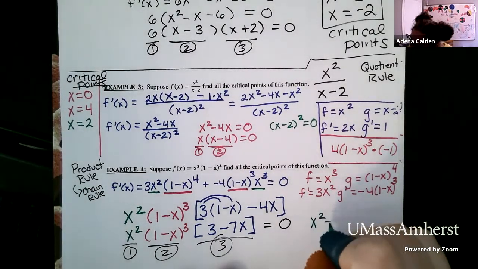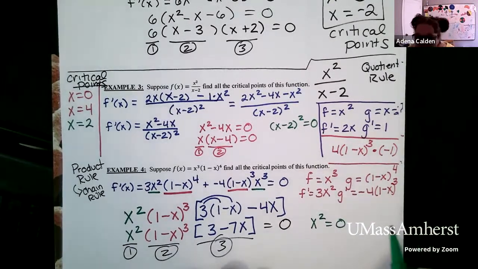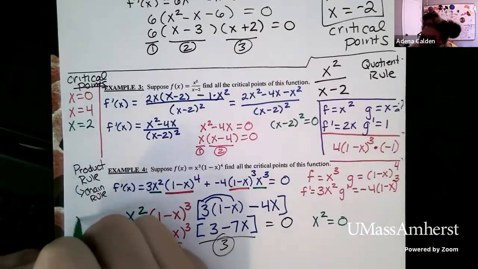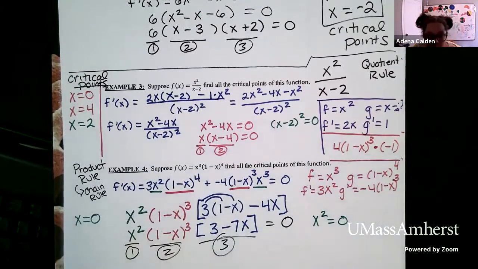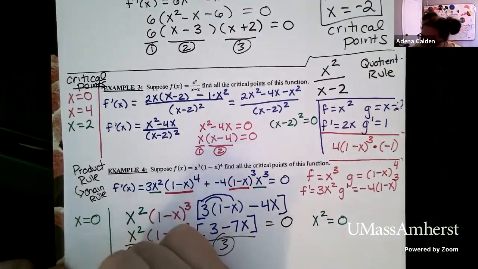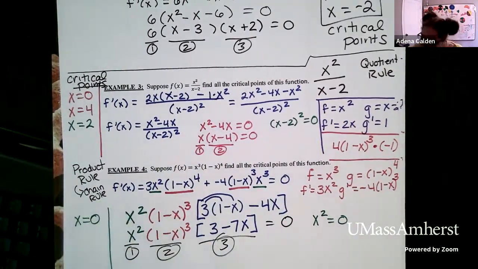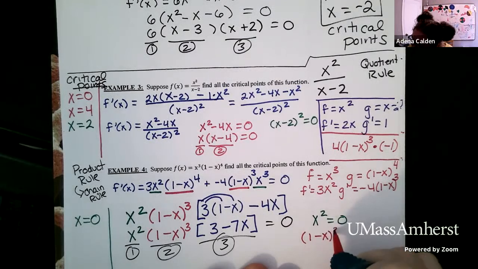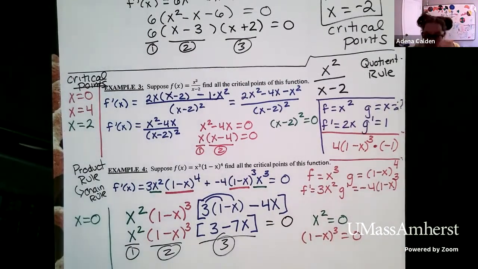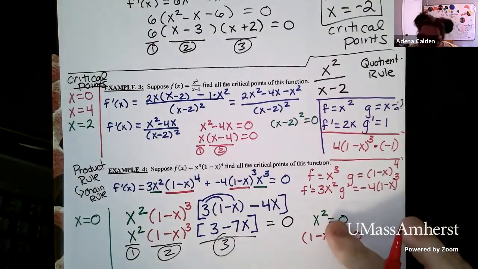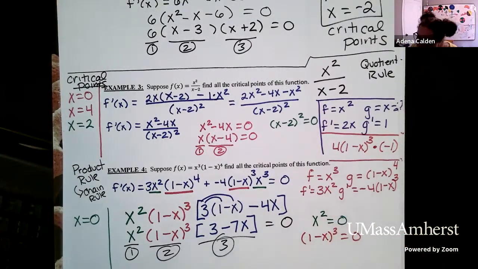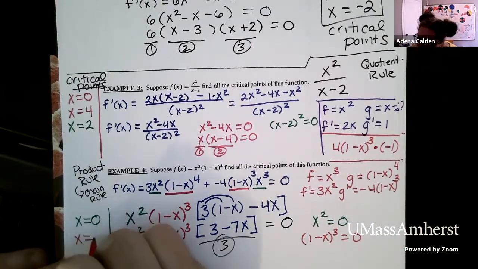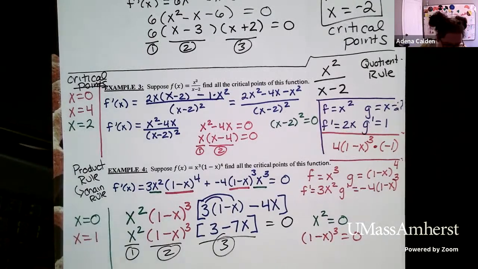If I have x squared equals 0, the solution to that is x equals 0. That's my first critical point here. When I take the second parentheses and set that equal to 0, I have 1 minus x cubed equals 0. So I'm really looking at what makes the parenthesis equal to 0, which is x equals 1, my second critical point.